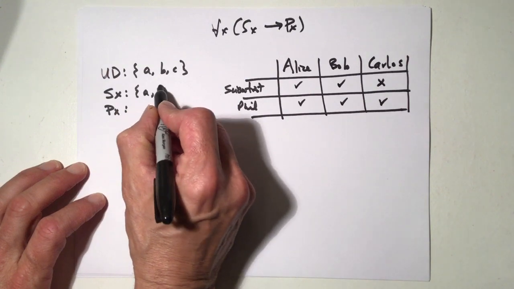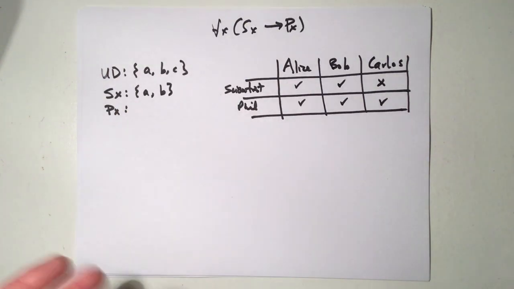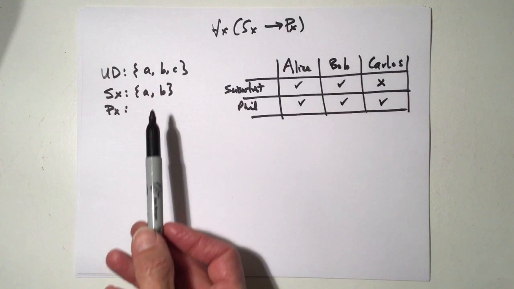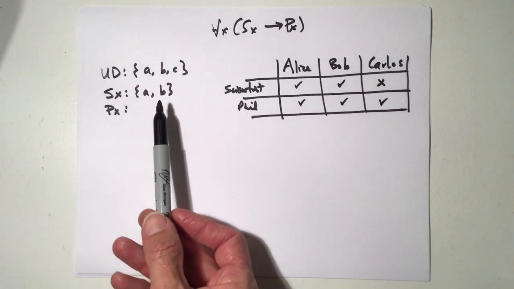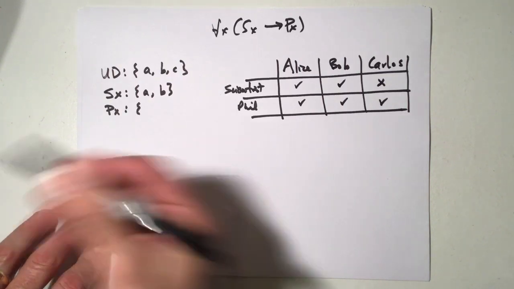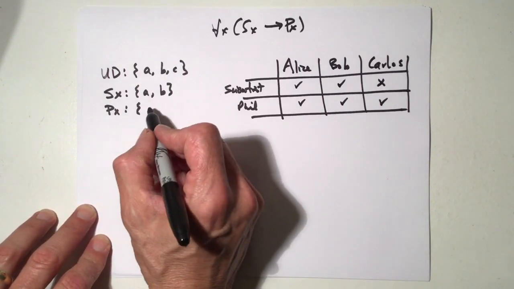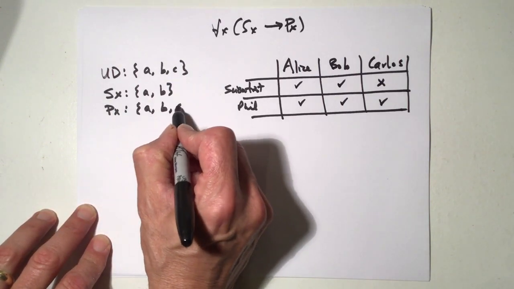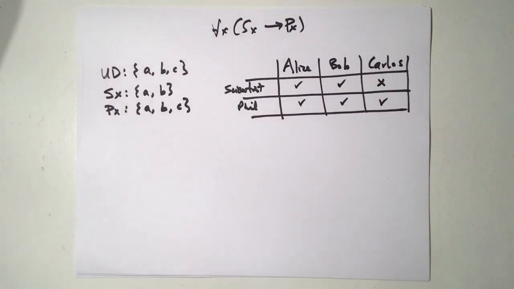So I want to list Alice and Bob. It doesn't matter what order I list them in. This is an unordered list, or we can just call it by its proper name, a set. And likewise, if I make a list of all the philosophers, and again, this is really a set, then I have A, B, C. Okay, very good.